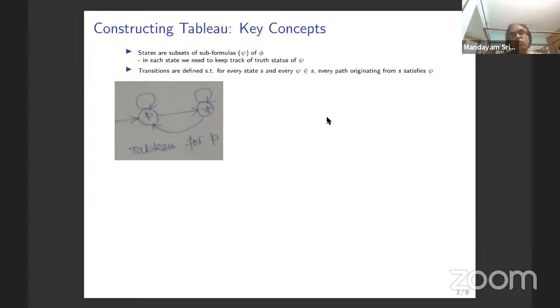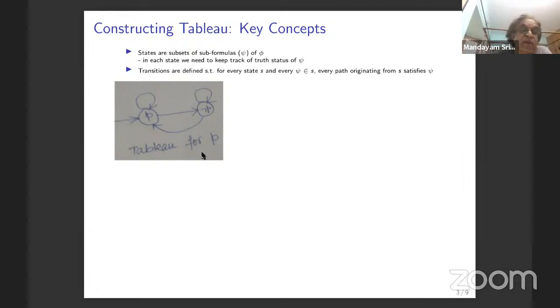Even before I give you the formal definition, here is a tableau for a simple LTL formula denoting a predicate P. This is the initial state, P. Once the initial state is a P state, after that you can either keep looping in a P state, or go to a not P state and loop there forever, or you could alternate between P and not P arbitrarily.